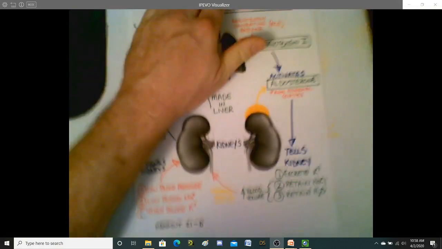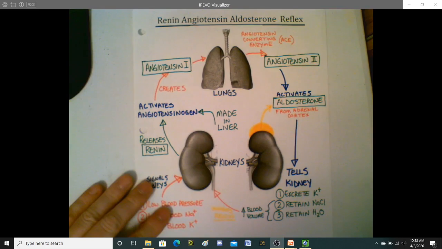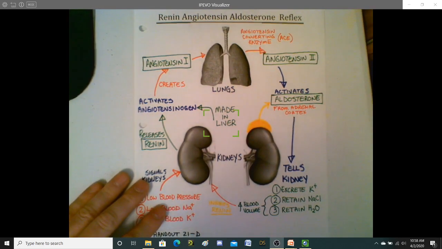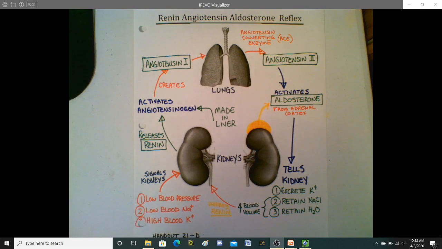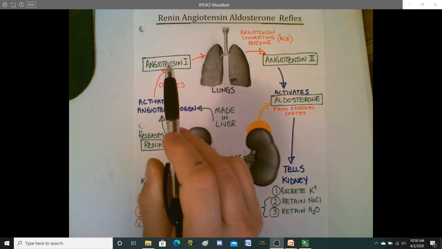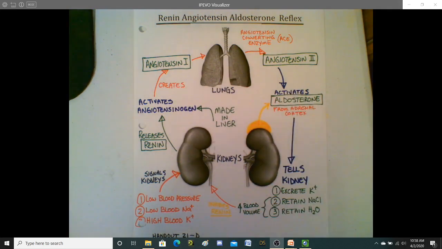So I'm going to raise this up just so you can kind of see the whole thing. And this process is a Rube Goldberg process. It's a system built on a system built on a system. But it involves these 4 hormones: renin, angiotensin 1, angiotensin 2, and aldosterone.